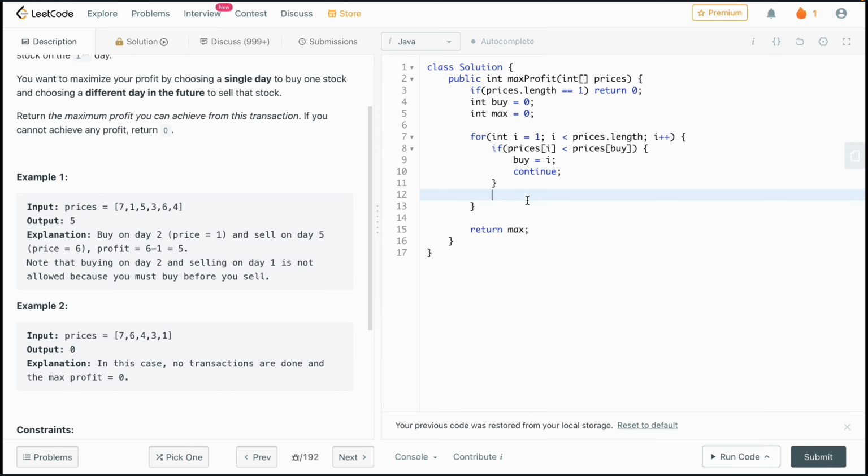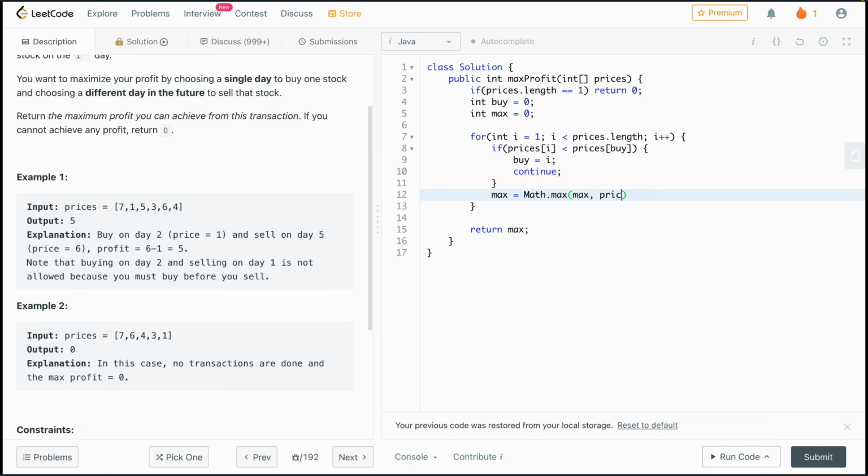If not, if this is not triggered, then we know that the current day the price is higher, and we can just calculate how much money we could potentially make. So our max is going to equal the max between the current max and how much money we could make on this day, so prices[i] minus prices[buy]. If the money we can make on this day is greater than our max, then our max is going to turn into that.